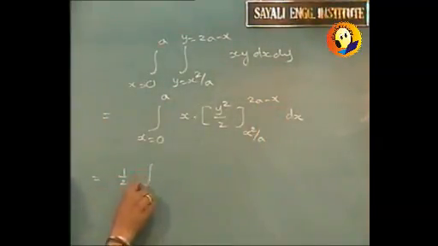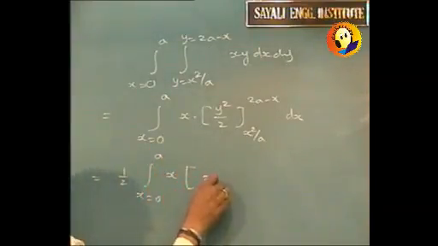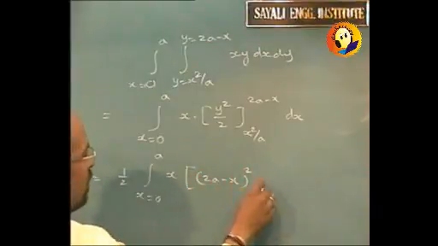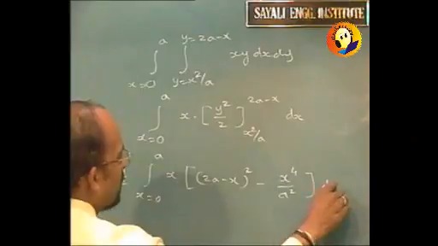Half can be taken outside, integral x equal to 0 to a, x into bracket 2a minus x bracket square minus x raised to 4 upon a square dx.